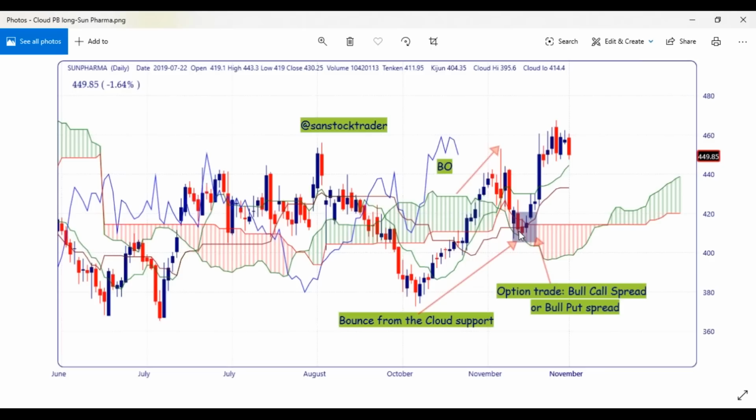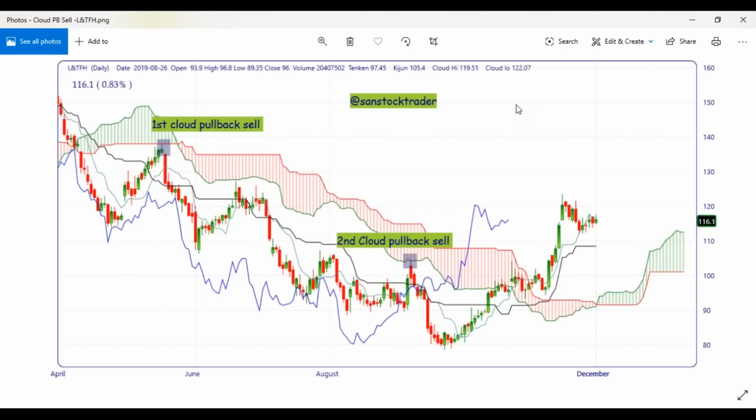You can buy the call option during the pullback, and if it is a short pullback, one can buy monthly. I would request you to go for monthly. One can buy a put option monthly, and you will see follow through in the next 2-3 days itself. So here's a pullback short entry, a cloud pullback short.